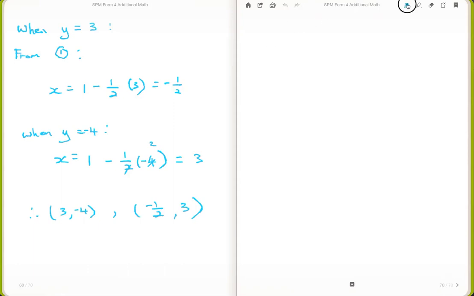Example number 2. We will use the substitution method.